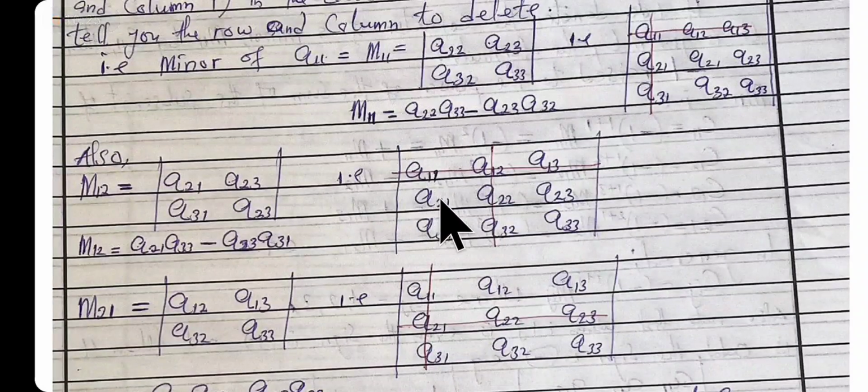What is remaining is A21, A23, A31, A33, and that is what we have here. So the minor of entry 12 gives us this. The determinant is A21 times A33, because this times this gives you this place, then minus this times this gives you the other place.